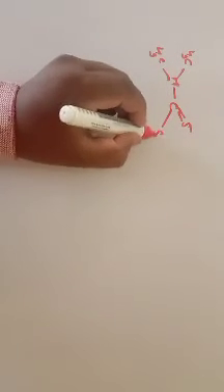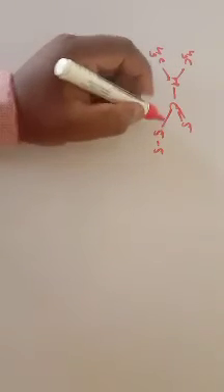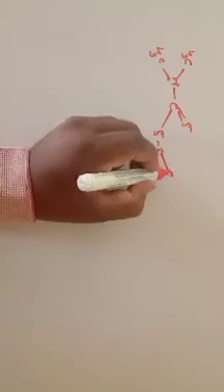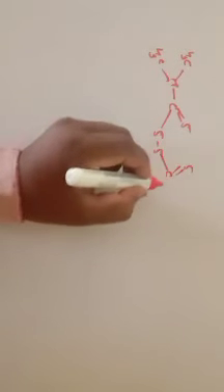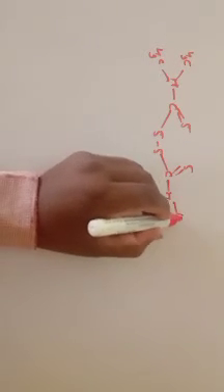If you see the structure once again, that is N, CH3, CH3, C double bond S, and S S. Then carbon having double bond S, N CH3 CH3.